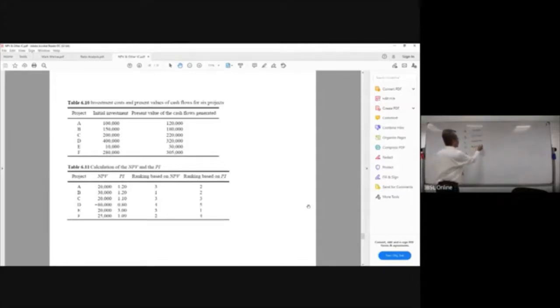Can you see one project there? One project only 10,000 initial investment. 10,000 and 200,000. So this is the initial investment. Then they have calculated present value of future cash flow. 120.